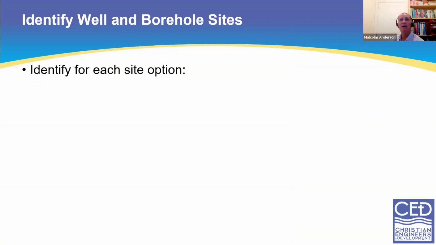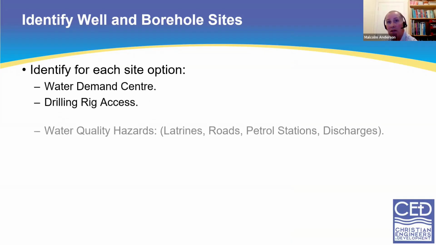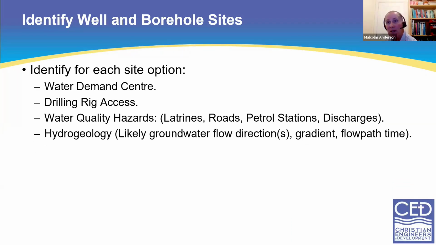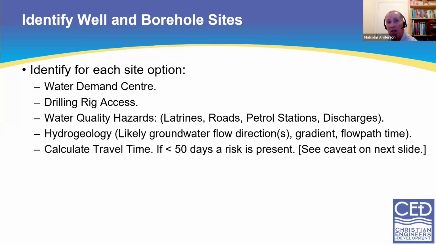So the next step is to identify the actual well and borehole sites, but it's just a question of going through each of those steps one by one for each site and making sure that you have the right location. These are the components you have to look at: the demand center, the drilling rig access, the water quality hazards, the groundwater flow direction and any other hydrogeology considerations, and the travel times.